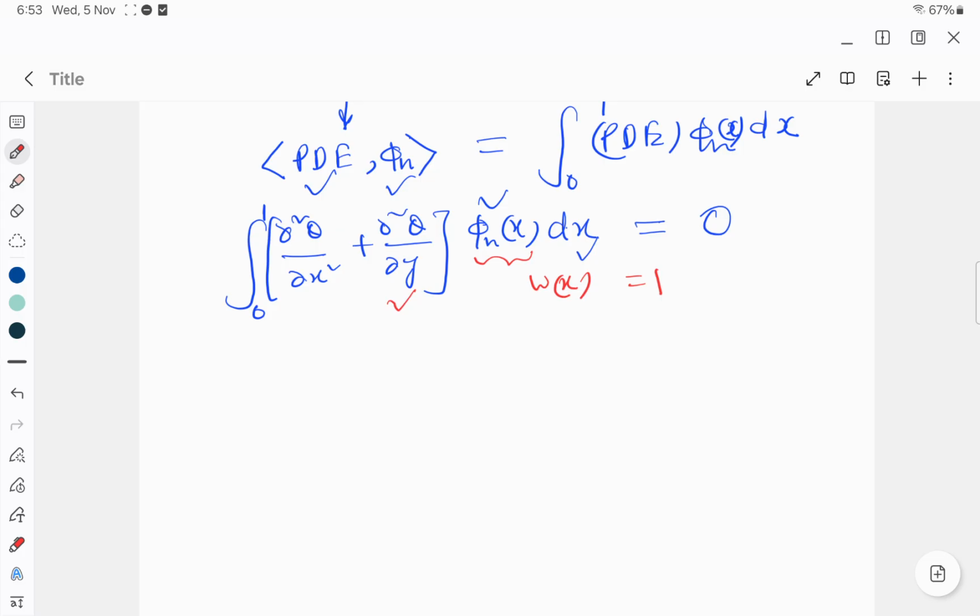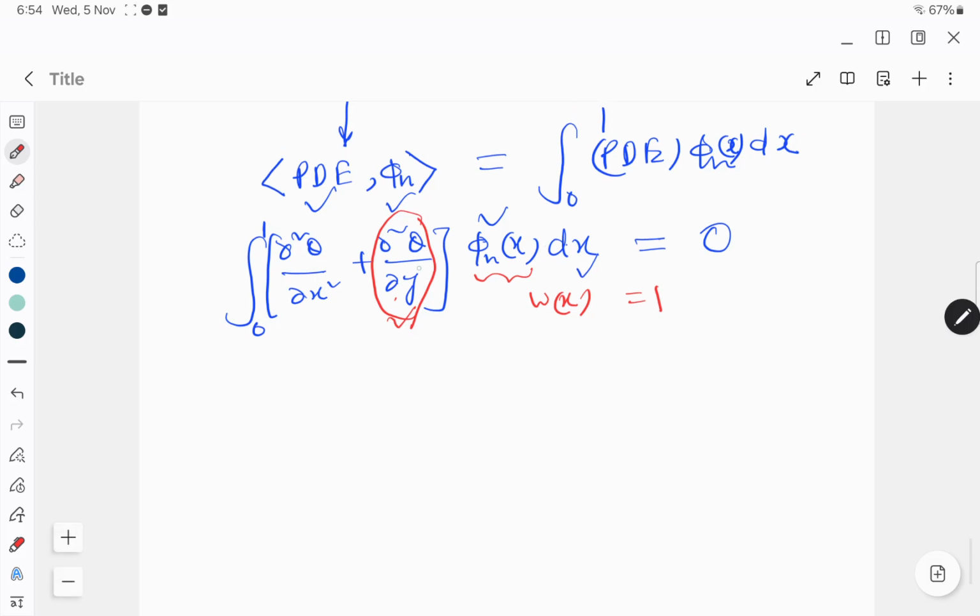So the second term you can write by bringing this outside the integral, because we are taking the integration with respect to x, so this will be out. So let's write it.